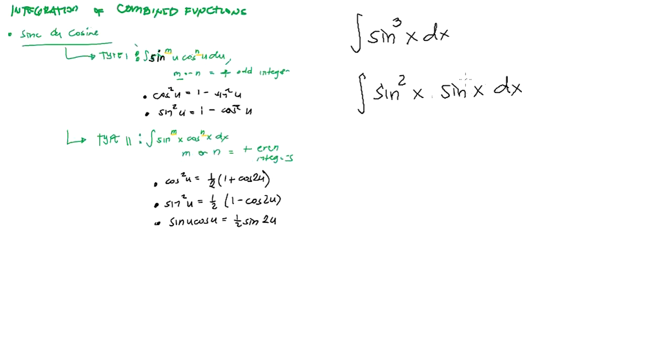Okay, we just retain one power of sine here. Then later on we will use this identity so that the rest can be served as the derivative of this cosine. Okay, so what type are we gonna use?